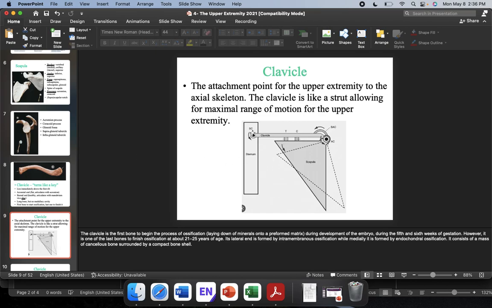I mentioned that the clavicle is the only attachment point to the axial skeleton. So the clavicle acts, in biomechanics they call it a strut. The clavicle acts like a strut, allowing for maximal range of motion of the upper extremity.